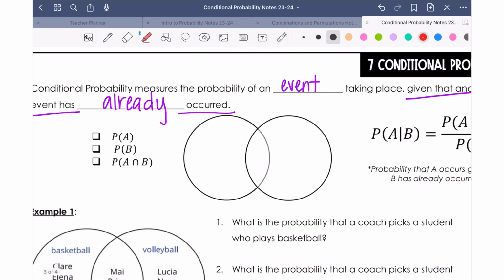I'm going to use first colors. This is event A, and then this is event B. And this is both A and B happening together. Okay. So on this Venn diagram, everybody knows Venn diagrams by now, hopefully. We have two events here.